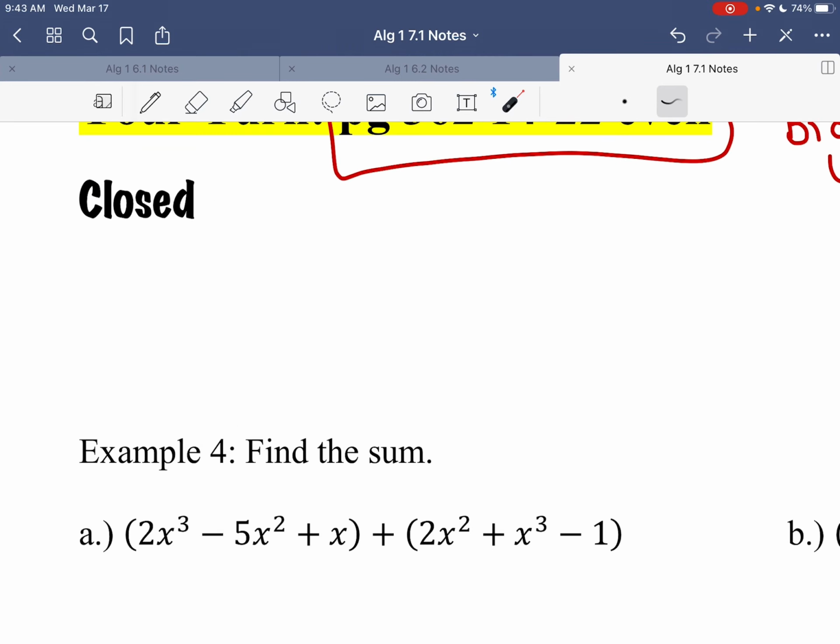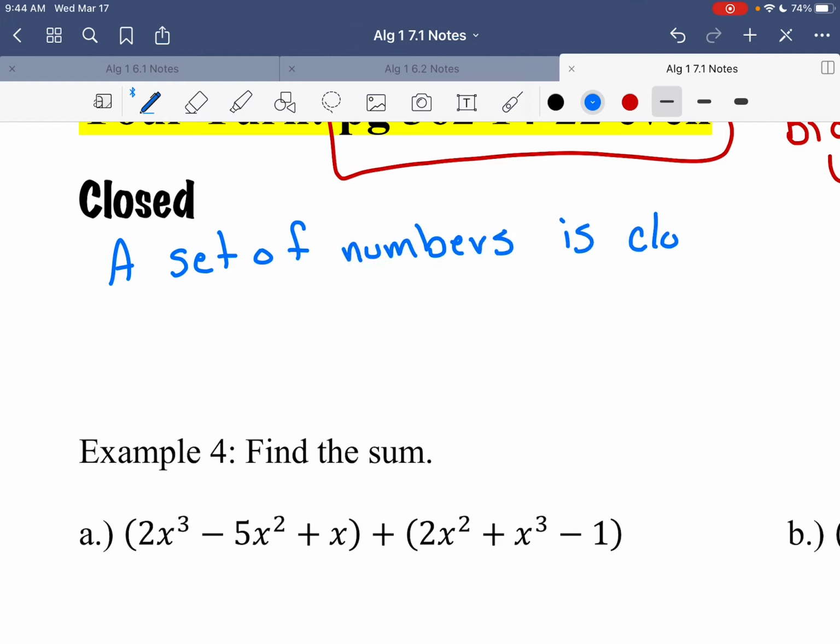So first, we need to talk about what it means to be closed. What we mean by closed mathematically is, a set of numbers is closed under an operation. What we mean by operation, mathematically, we have 4 operations: add, subtract, multiply, divide.